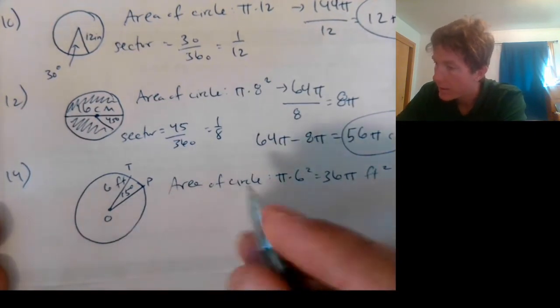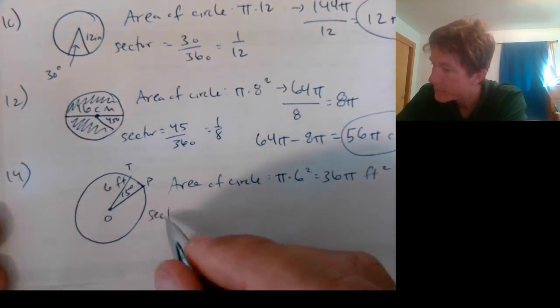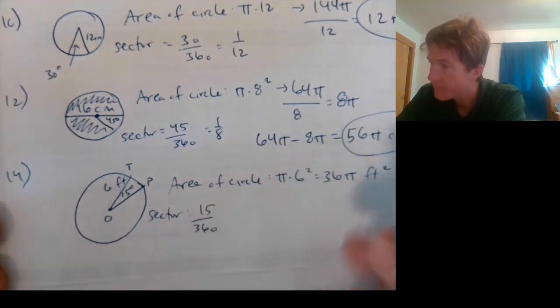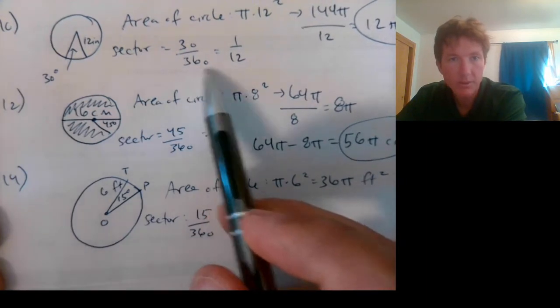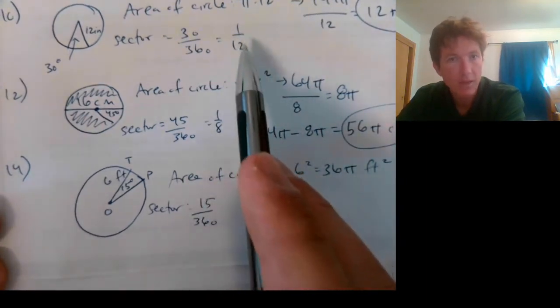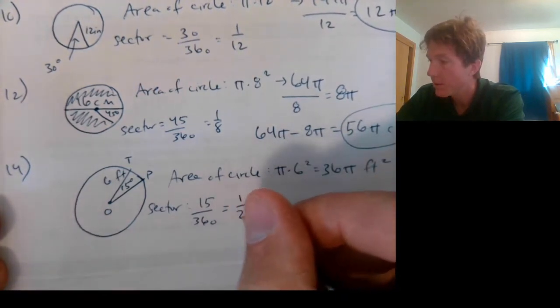And I need to know how much of the circle is the sector. This would be 15 over 360. 30 over 360 is 1/12. 15 degrees is half of 30, so I just need to half this. So that's 1/24 of the circle.